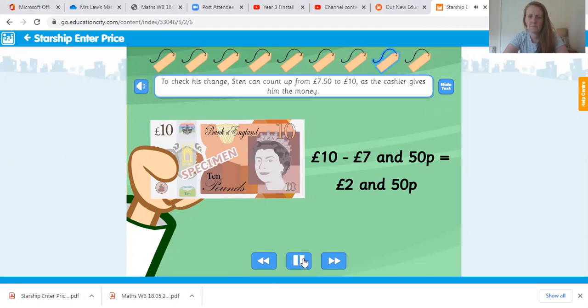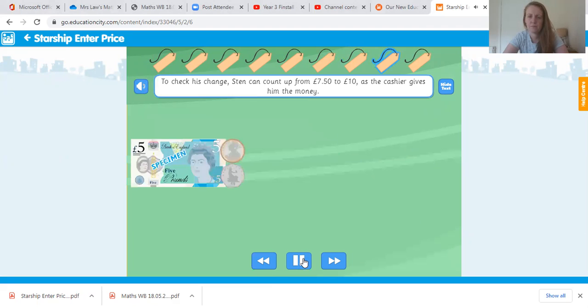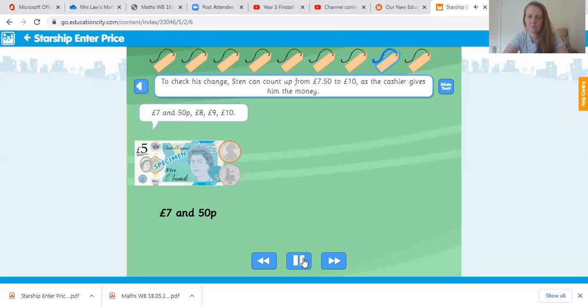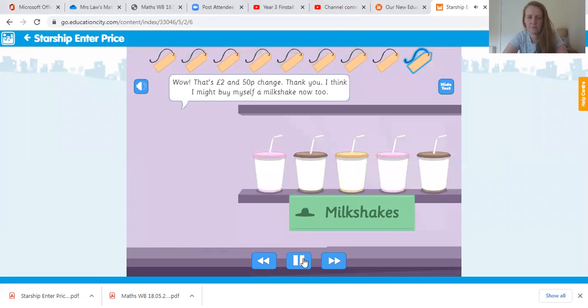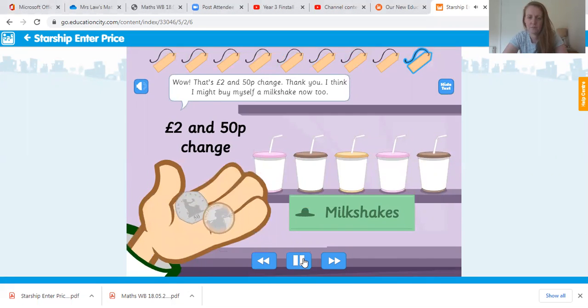To check his change, Sten can count up from £7.50 to £10 as the cashier gives him the money. £7.50p, £8, £9, £10. Wow, that's £2.50p change. Thank you. I think I might buy myself a milkshake now too.